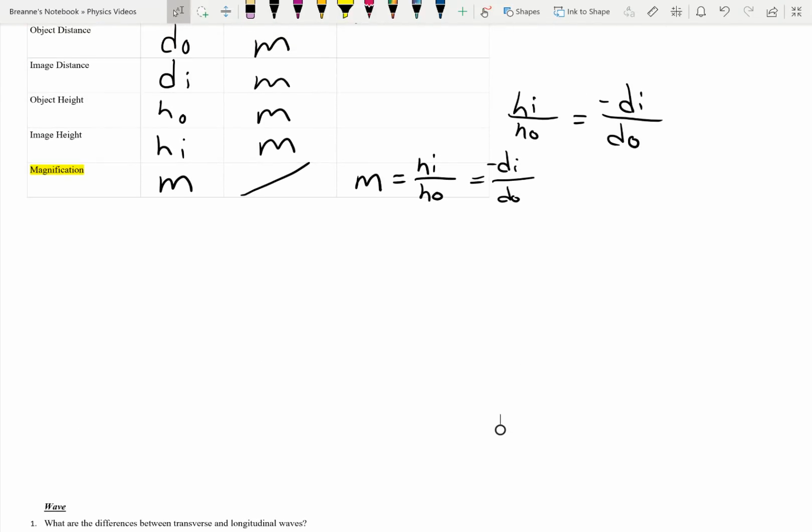So when you're dealing with your mirrors and lenses, a couple of things to know mathematically. If your hi is negative, it means it's inverted. If it's positive, it means it's upright.